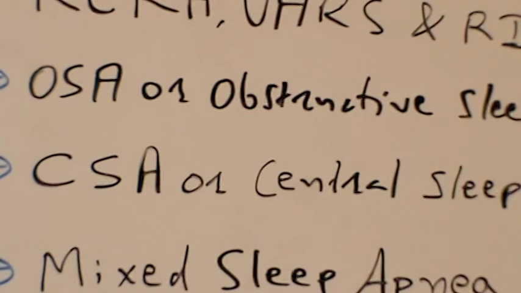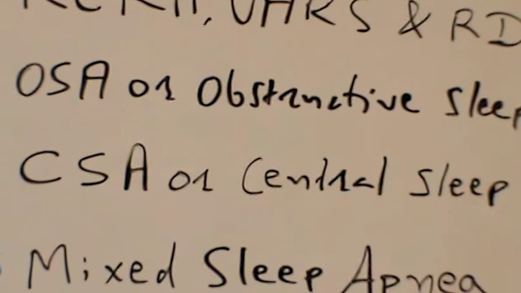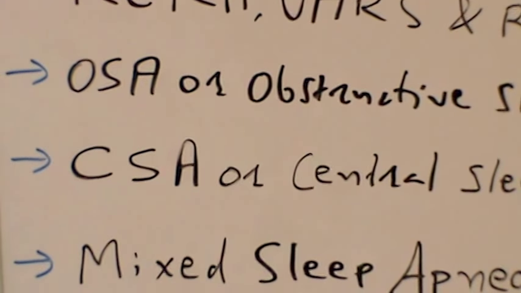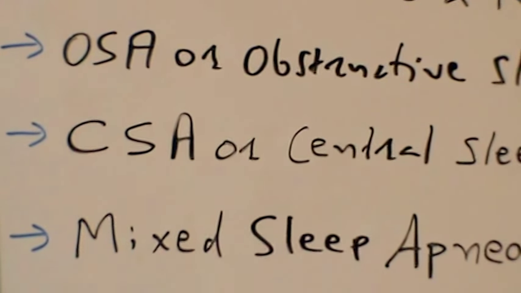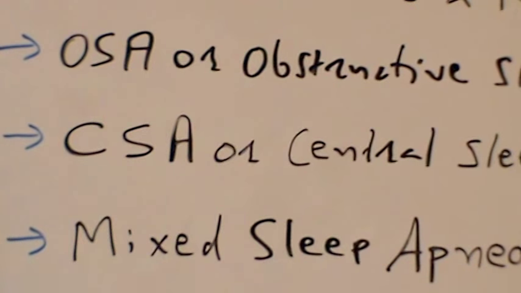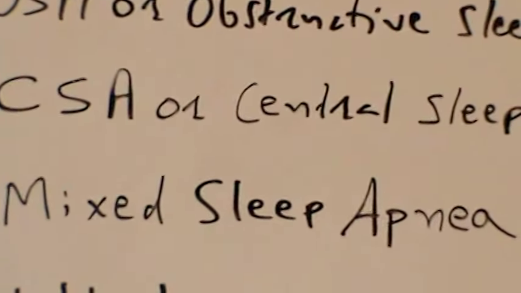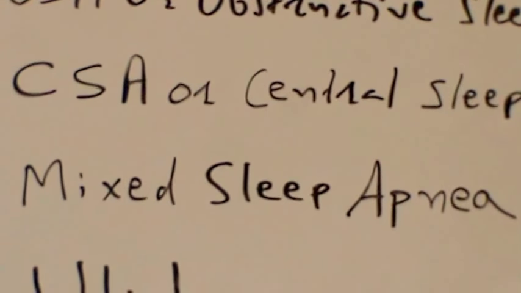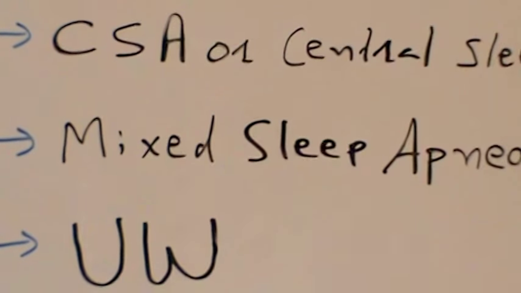CSA is nearly always due to a serious and often uninsurable medical condition such as congestive heart failure or stroke. The CSA may coexist with OSA, and if so, then known as mixed sleep apnea. Central apneas are often seen in chronic consumers of opioid drugs.